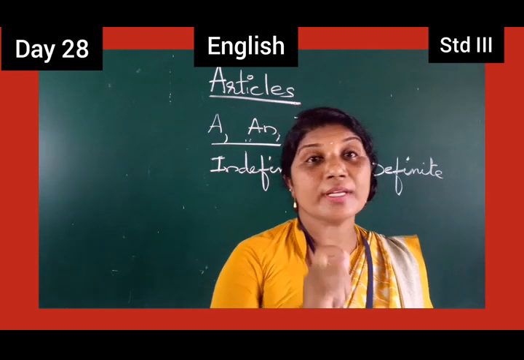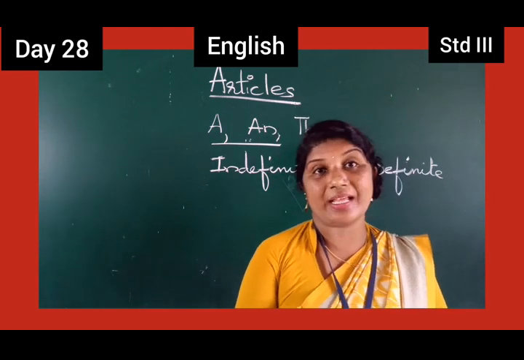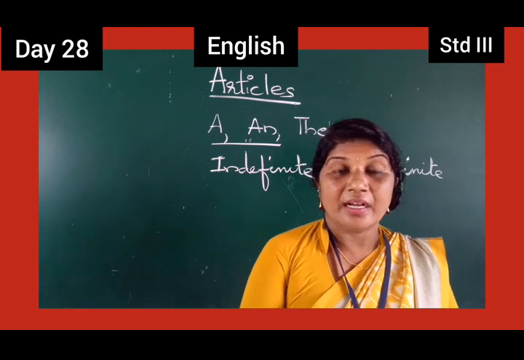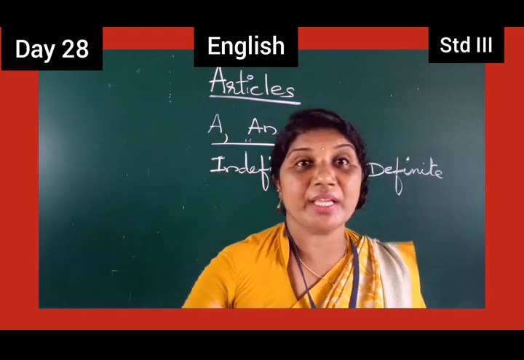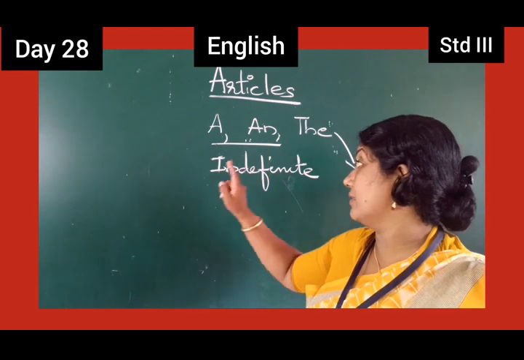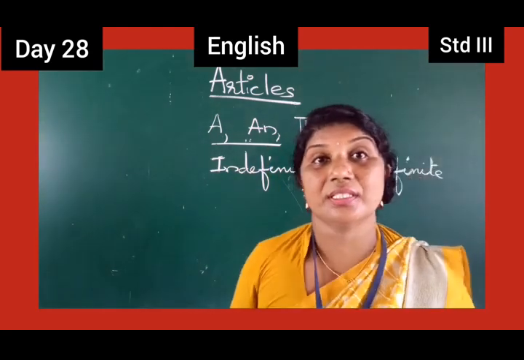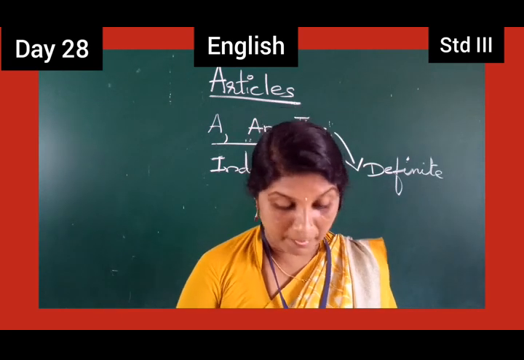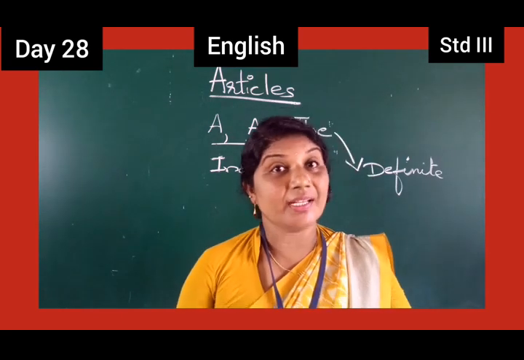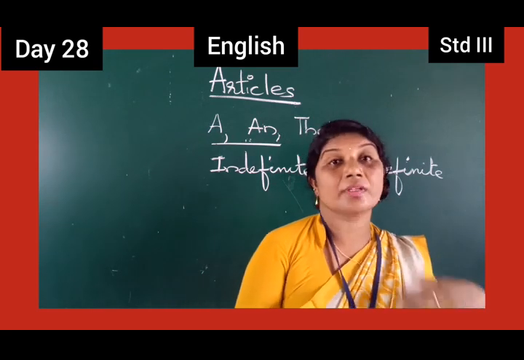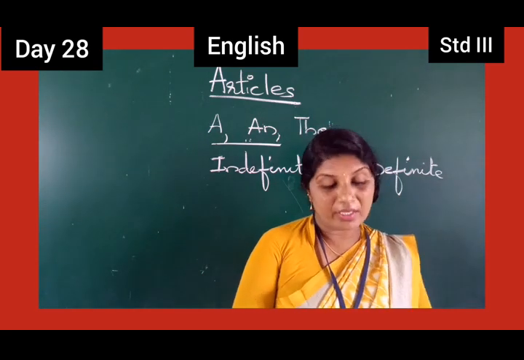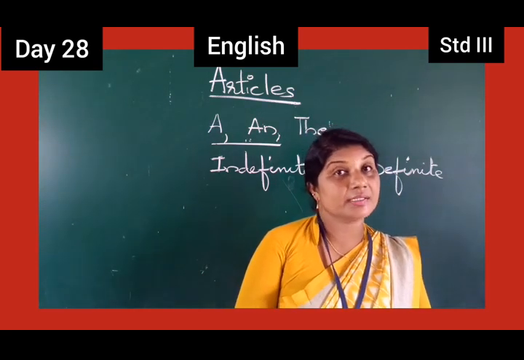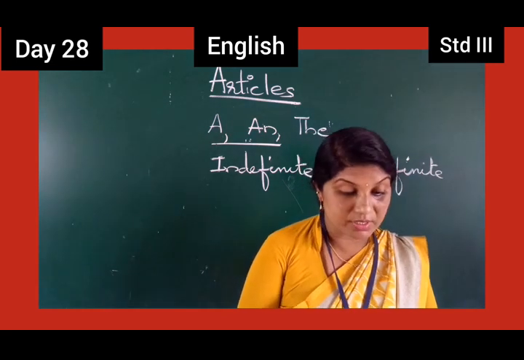There are 26 letters in the English alphabet. Then what are articles? A and an are indefinite articles and the is the definite article. We know that articles come before nouns.